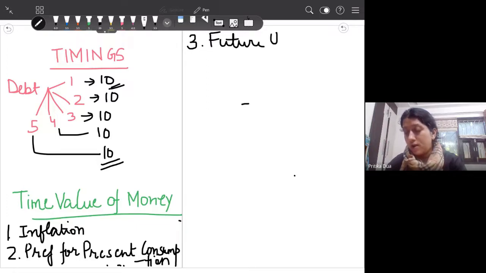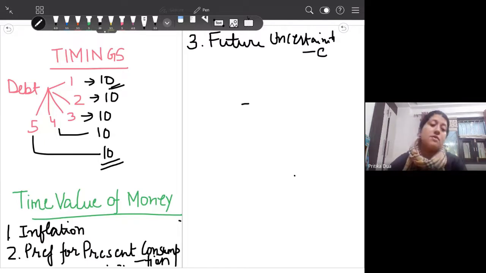So future uncertainties give value to money. Everyone needs money; preference is always there for present consumption. Future is uncertain. Today, if God forbid I have some medical emergency, then that 50,000 makes sense to me today, not after 1 year.